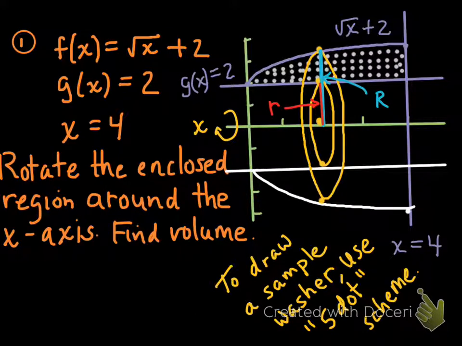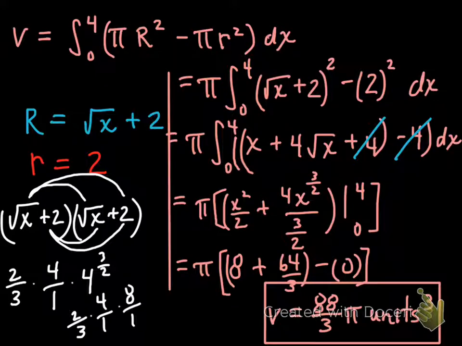We're going over the x-axis, so it would be root x plus 2 minus 0, in fact. And little r is always going to be 2, no matter which washer I'm talking about on the trip from 0 to 4. That little red radius is always going to be equal to 2. That makes sense to me. Hope you guys are seeing that.